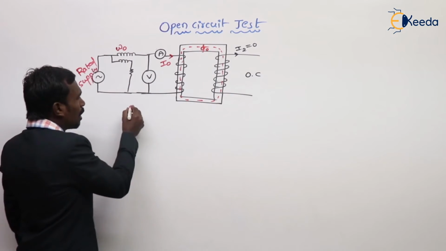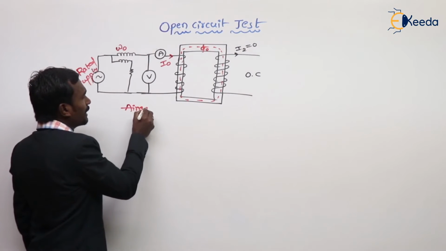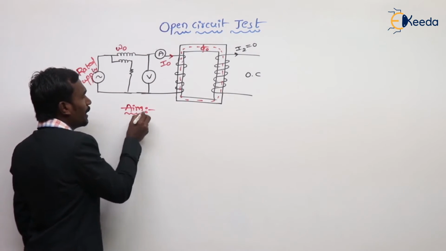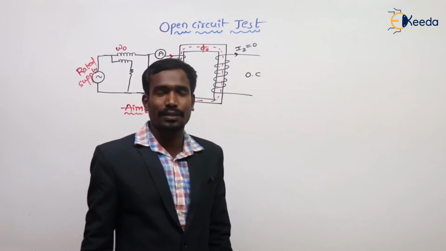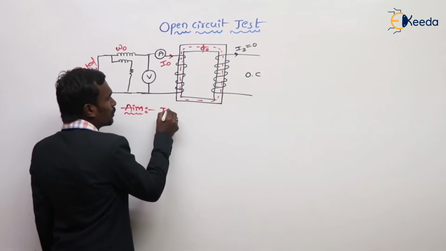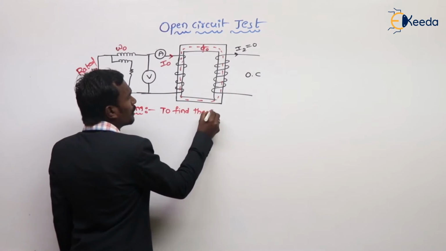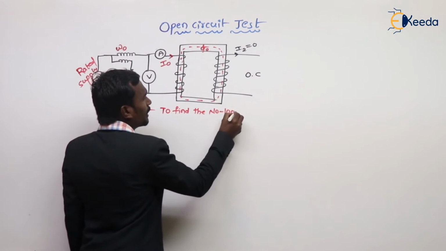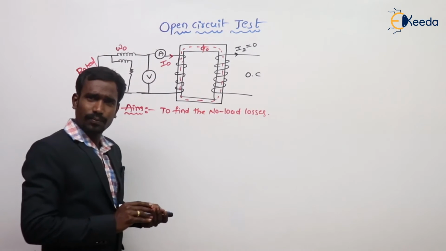Now first of all, why do we have to do this test? What are the aims of my test? First one, to find the no load losses of the transformer.